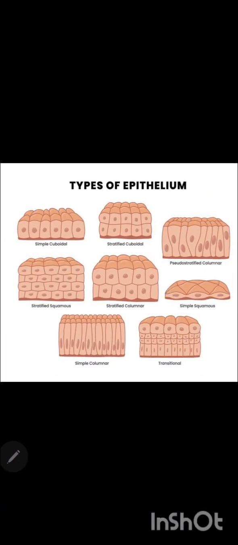So these are the main three things: layers of cells, shape of cells, basement membrane and lamina propria. We should check them during the histological or microscopy observation of different epithelial tissue layers.